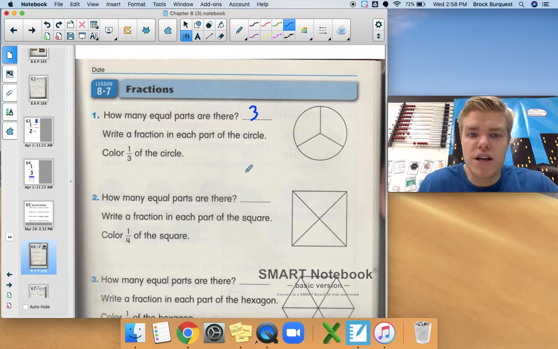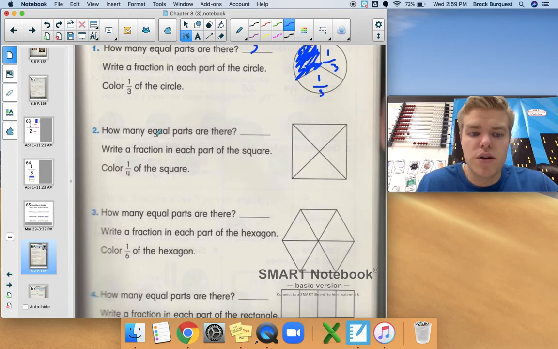Write a fraction in each part of the circle. So I would write, if we're talking about 1 part of the third, we'd write 1/3. And if we were going to color just 1/3, I would just color in 1 of our spots.